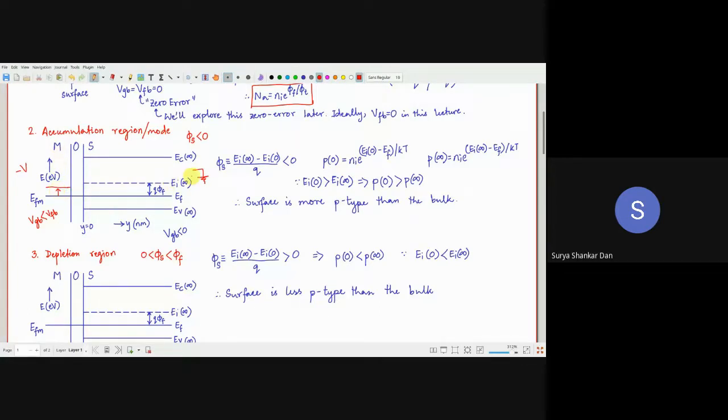However, since you have kept the substrate grounded, the energy bands close to the body terminal are not going to change. So if you are applying a minus V on the gate terminal, only the bands closer to the surface are going to change. So you are going to have band bending like this.